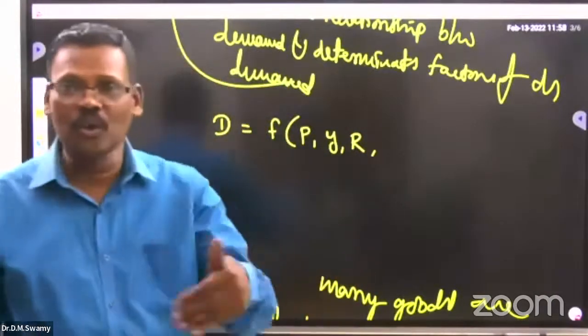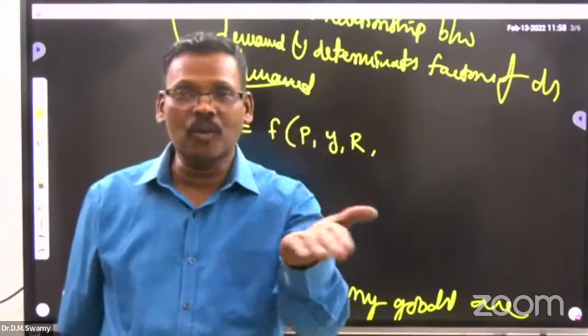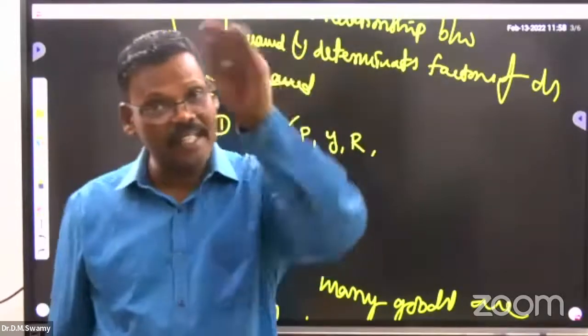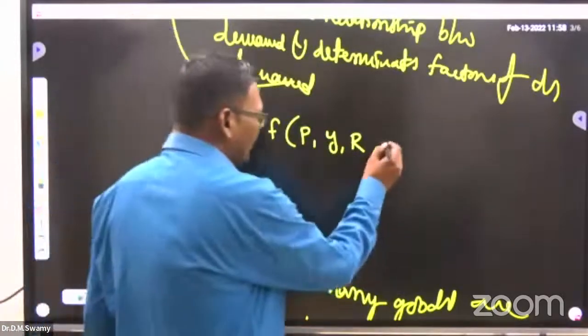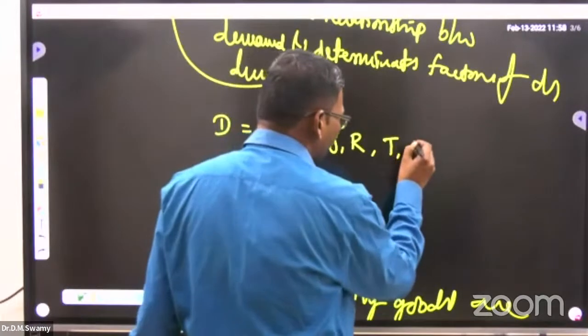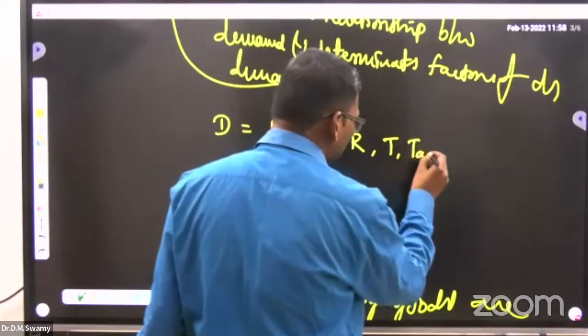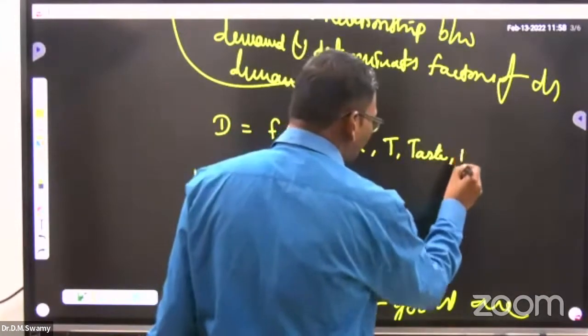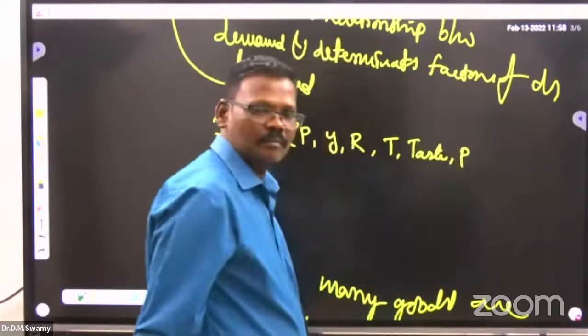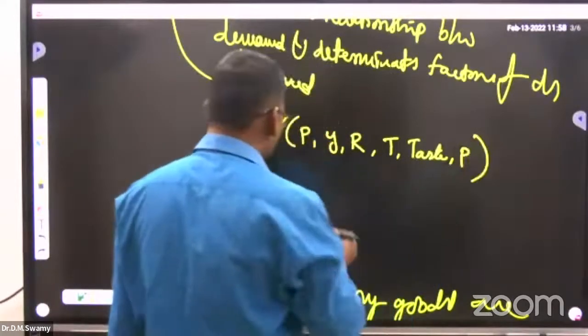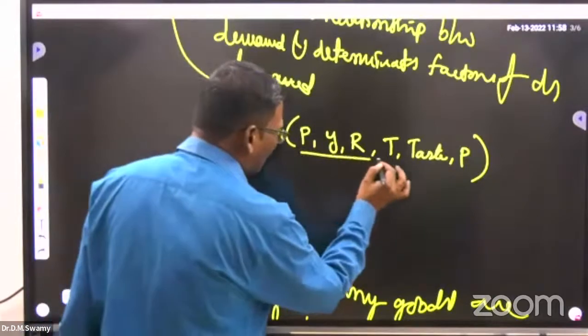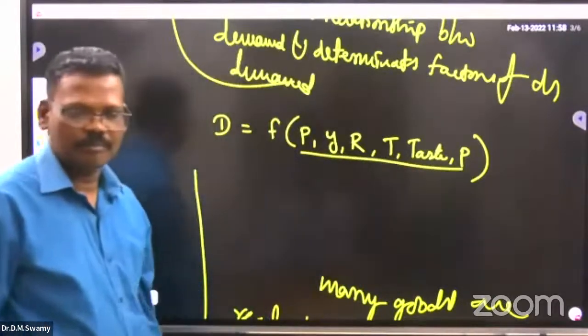What are the related goods? Like complementary goods or substitution goods. Both are called related goods. Time, taste, place, etc. All these are called determinant factors of the demand.